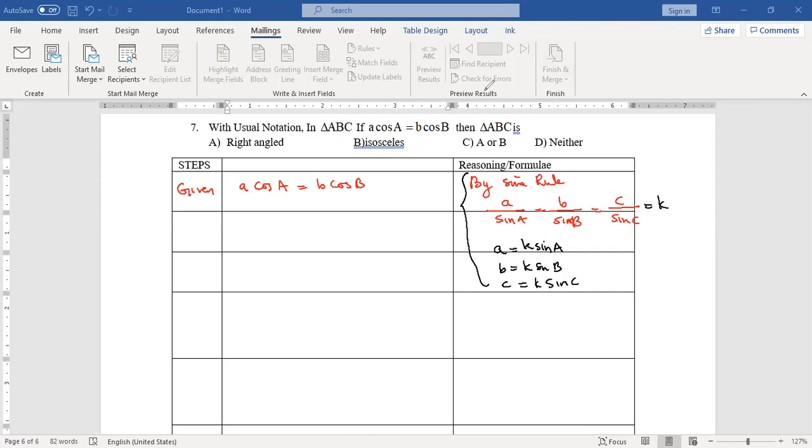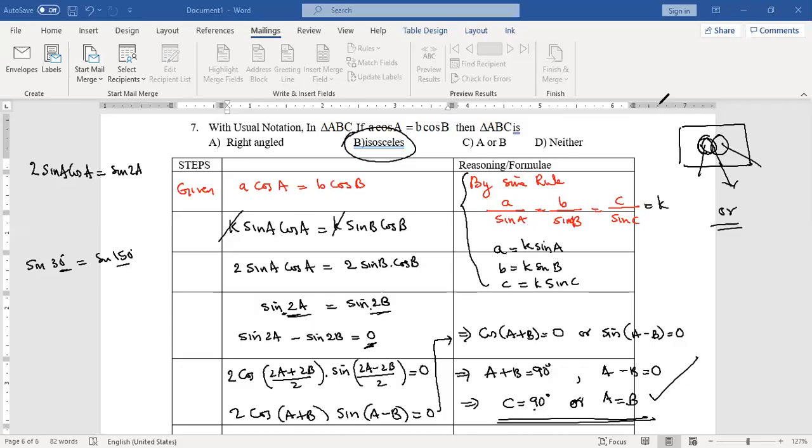I want you to try yourself, so I'm pausing. What did I tell you? A and B are replaced by the sine rule. Then K cancelled, and we multiplied both sides by 2 so that the sine 2 theta formula could be applied. Don't be happy with cancelling sine and saying 2A equal to 2B. This is only one option.